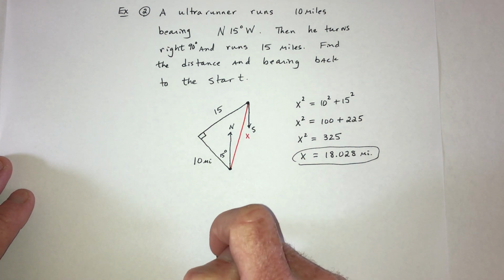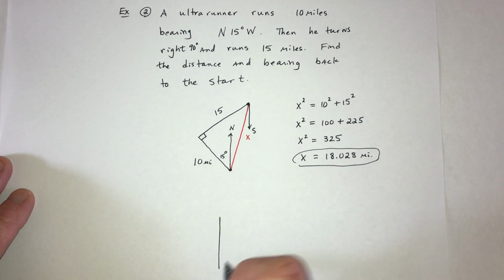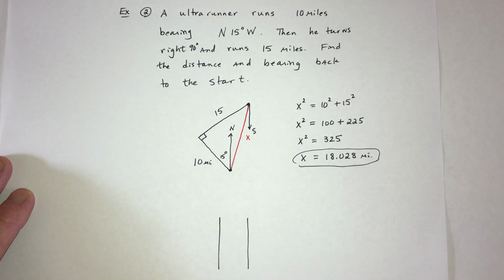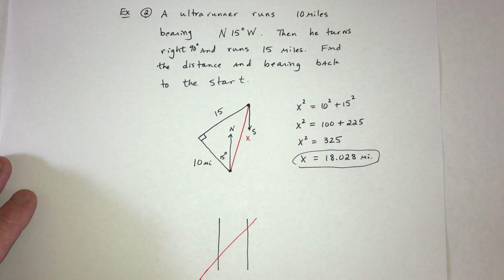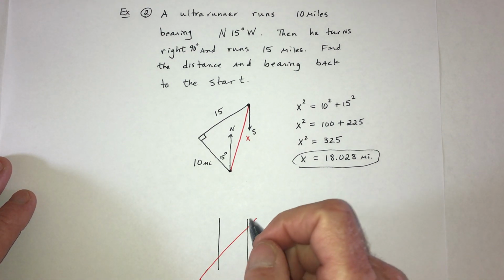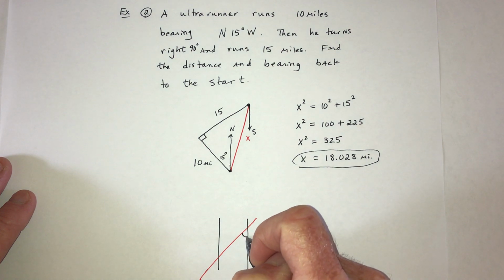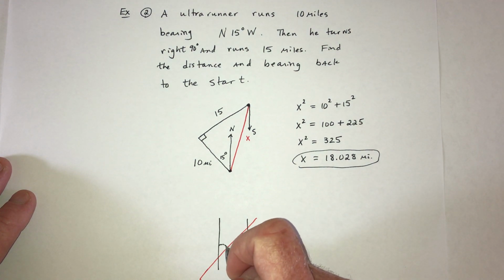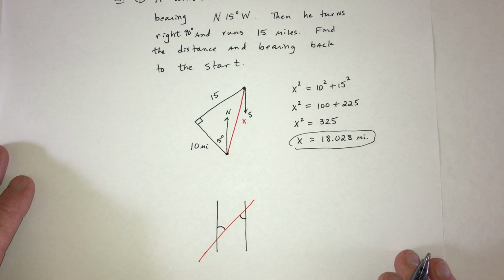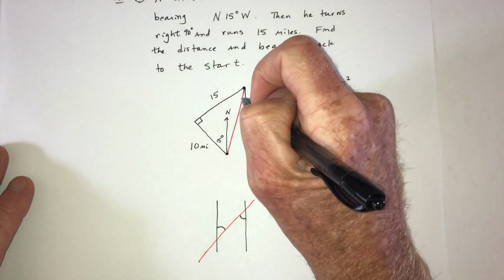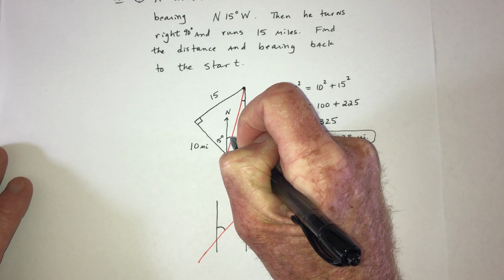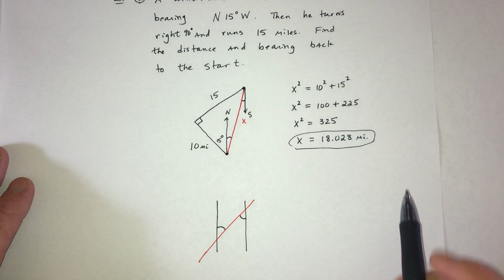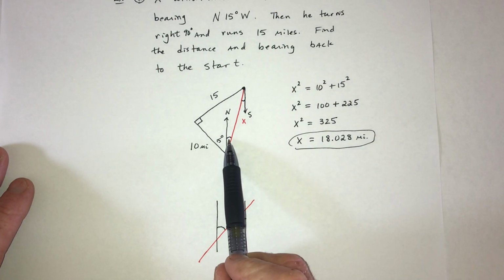Well, don't forget, when you have two parallel lines and you have a transversal, then this angle and this angle will be the same. So that means that this angle equals whatever this angle is. So really we just need to find that angle.